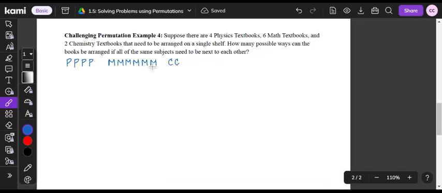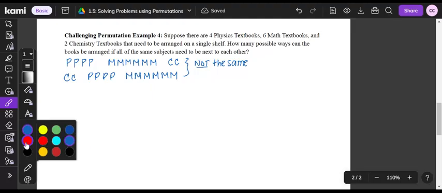First of all, this arrangement is not the same as this arrangement. The order in which I group the subjects together, that's different. So these are not the same. I want you all to think about that.